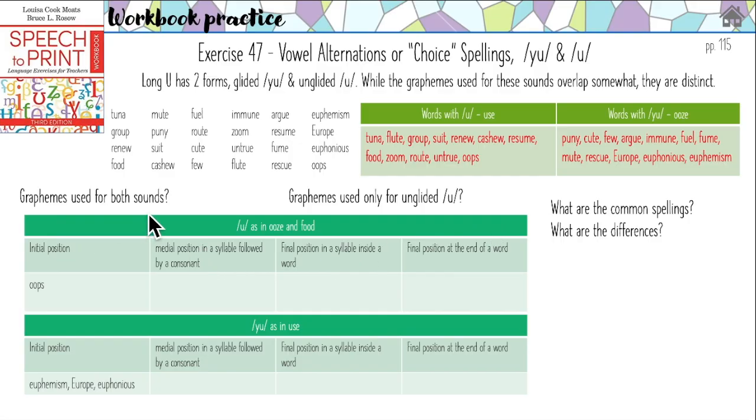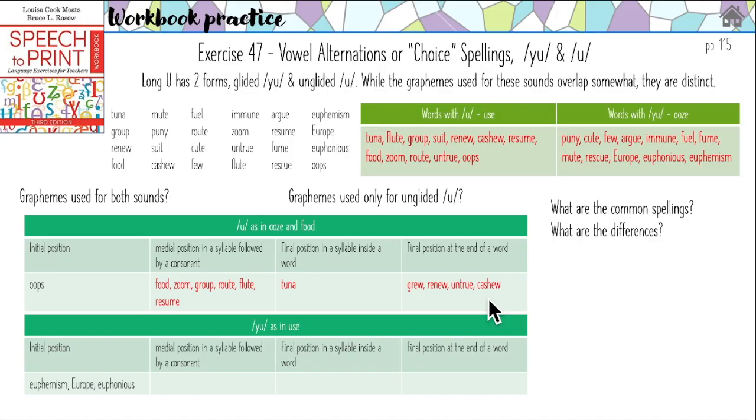Graphemes used for both sounds. We have oo as in ooze and food, u as in use. So in the initial position, in the middle of a syllable, followed by a consonant: food, zoom, group, root, flute. Final position in a syllable inside of a word: tuna. And then final position at the end of a word: grew, renew, untrue, cashew.